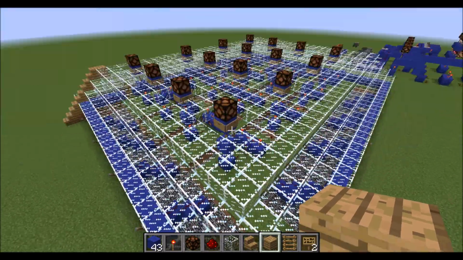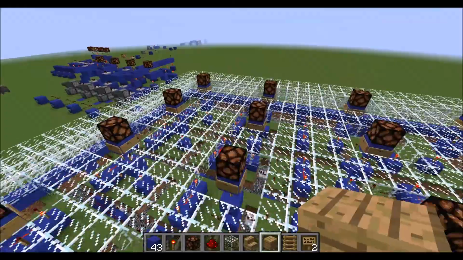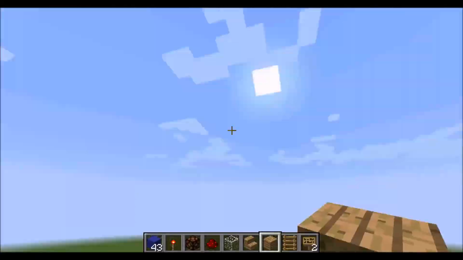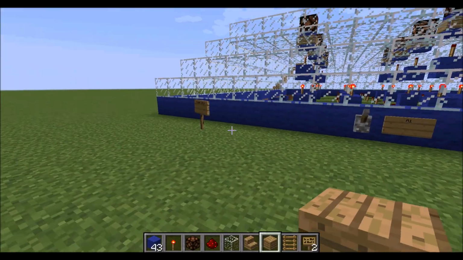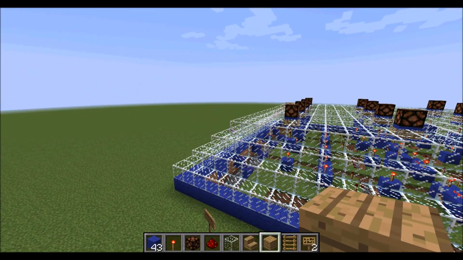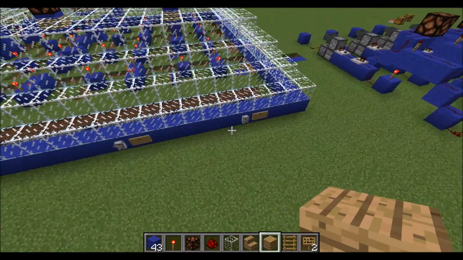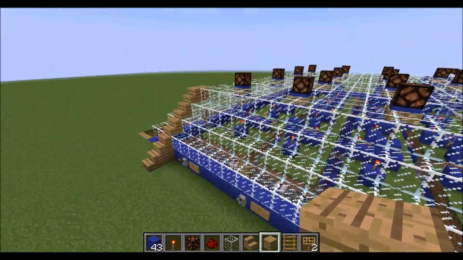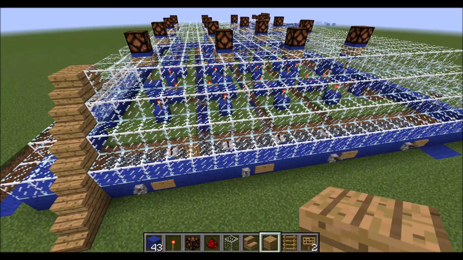All right, so this is my grid. It's just a grid of light blocks arranged 4 by 4, so there's 16 light blocks, 4 going this way, 4 going this way. The idea is you have coordinates: 1, 2, 3, 4 coming down this side, and 1, 2, 3, 4 coming down this side.